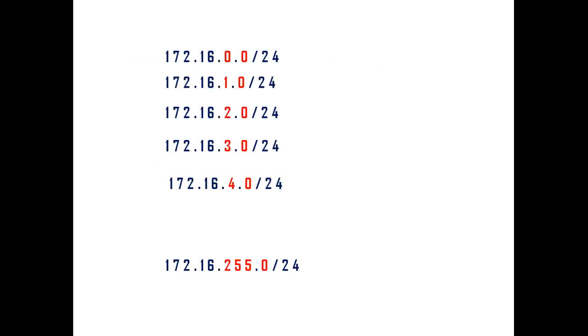Now you have 256 subnets here, and you know every subnet has 254 IP addresses. Why? Because you have written 24 there. 24 means there are 24 network bits. So if every subnet has 24 network bits and 8 host bits, it means all subnets have 254 IP addresses. Okay, brother.